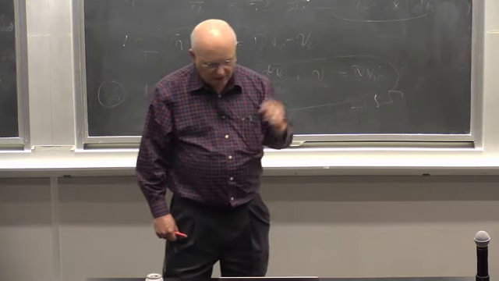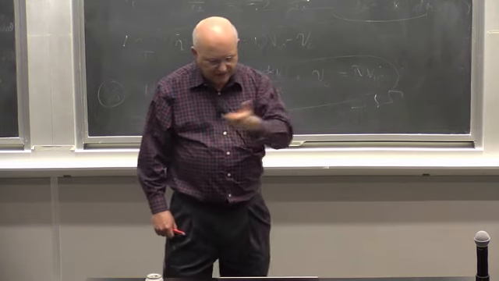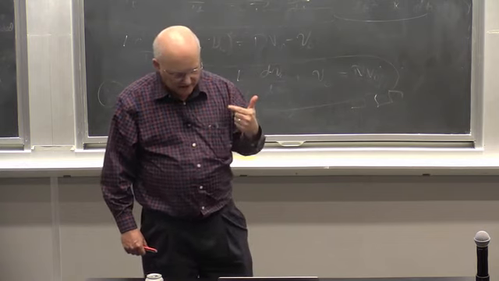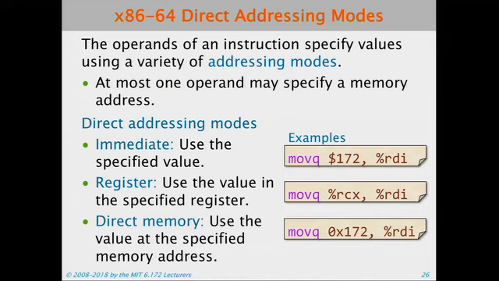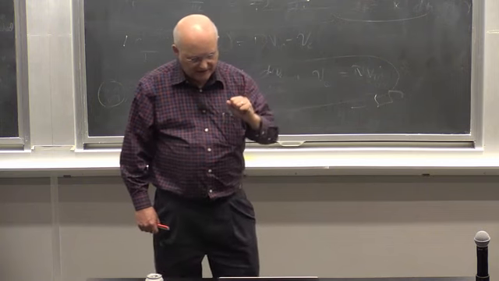Okay, register says we'll move the value from the register, in this case %CX, and then the index of the register is put in that part. And direct memory says use a particular memory location. Okay, and you can give a hex value. When you do direct memory, it's going to fetch it out of that.